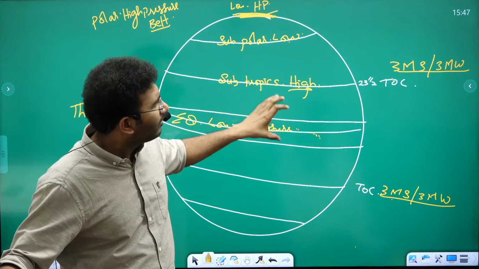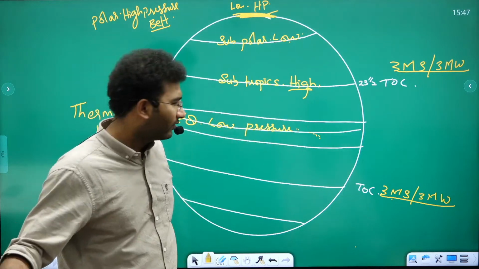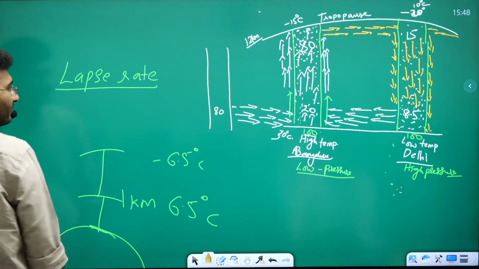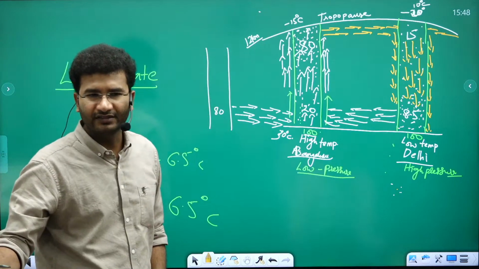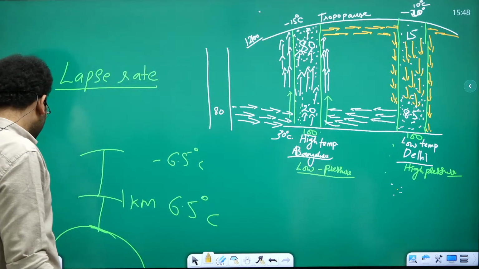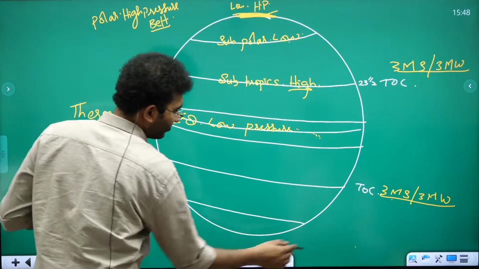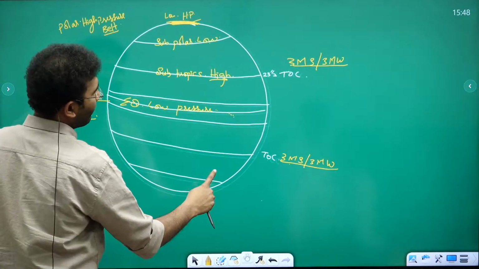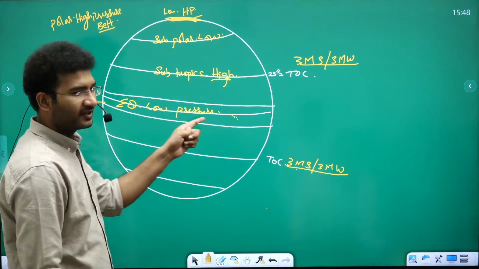Today, try to apply the same logic of the pressure belts, or the logic of movement of the winds, high pressure to low pressure, right? Come back, see, imagine this is a low pressure area.